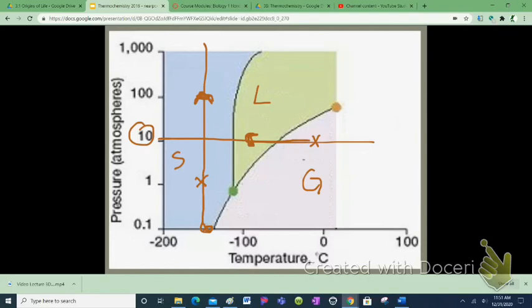I am at 0.9 atmospheres, which is probably about right here, and I change my temperature from negative 120 or so to negative 10 or so.